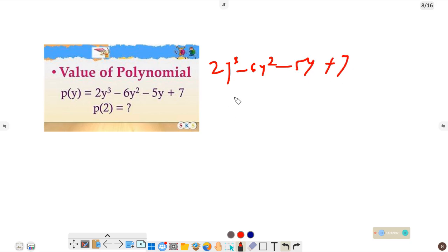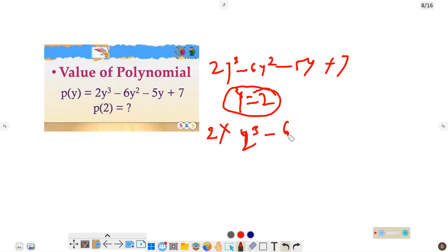When we put the value y equal to 2, we have 2 into 2 to the power 3 minus 6 into 2 to the power 2 minus 5 into 2 plus 7, and we solve it.